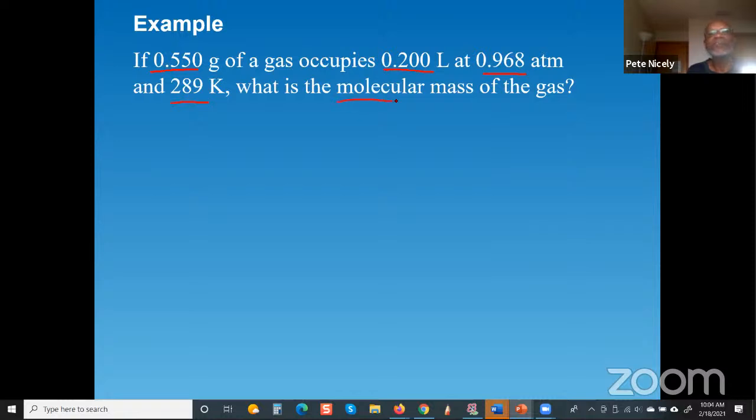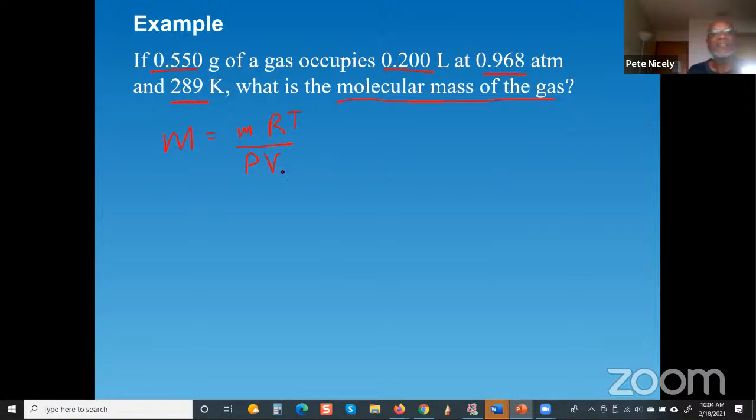And the question is asking for the molecular mass of the gas, all right? So what I would do is find the molar mass of the gas and solve for that using this equation here, all right? And then basically express that same number in an AMU value or AMU units, right?